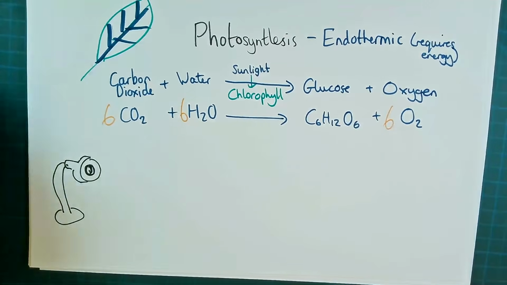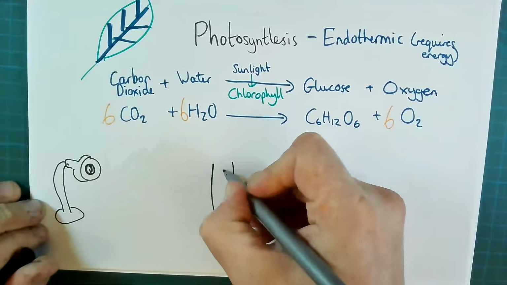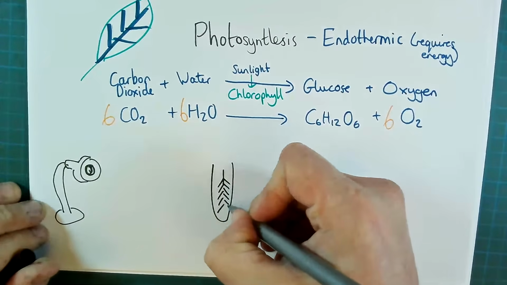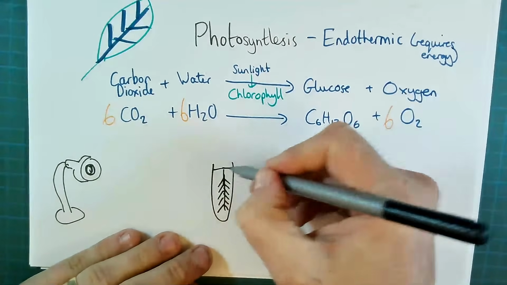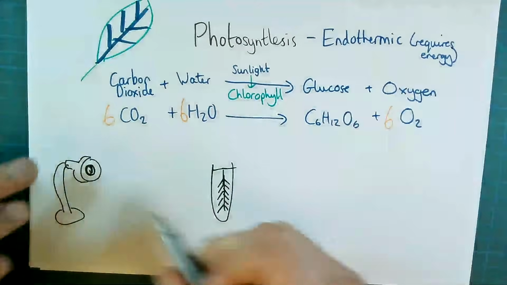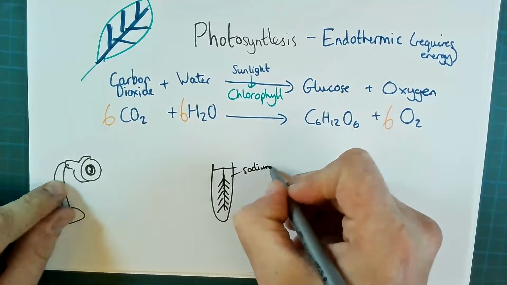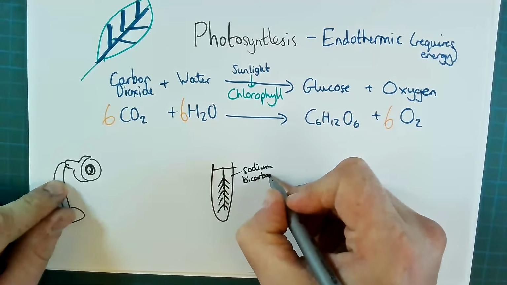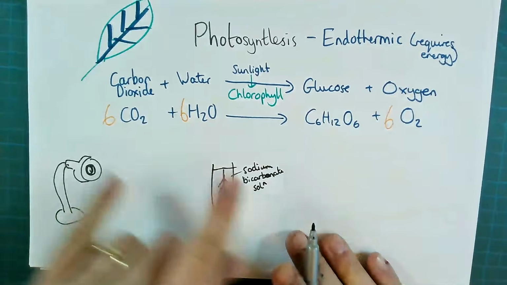And what you do is you put some pondweed in a test tube. Now we cover it not with water but with sodium bicarbonate solution, carbonate, and that's our source.